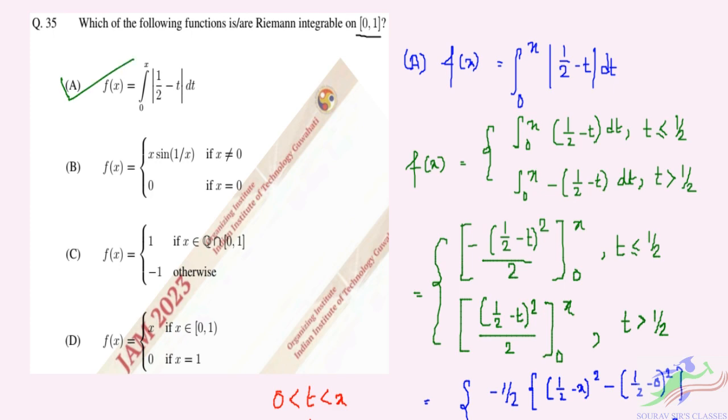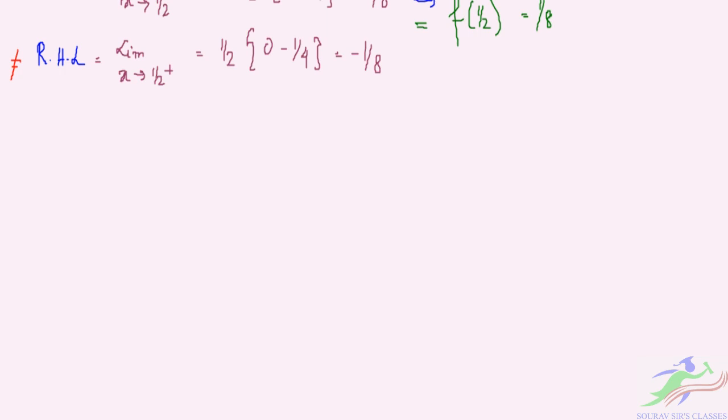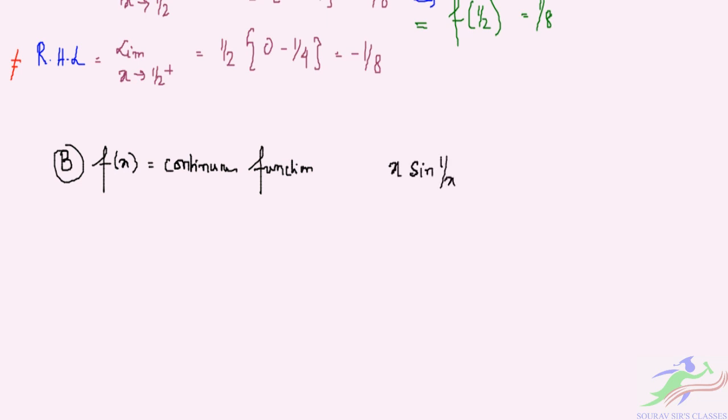Now for option B, where f(x) is x of sine 1/x for x not equal to 0 and 0 for x equal to 0, what can we write? For option B, let us take that f(x) is a continuous function, okay, and we have for x not equal to 0 this value x of sine of 1/x.